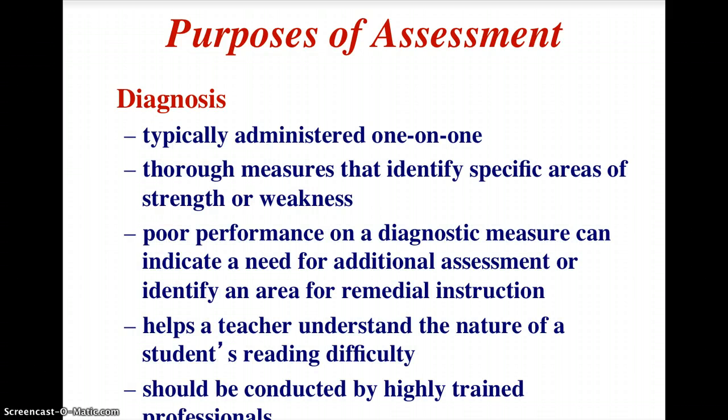Typically we administer these tests one-on-one. They are very thorough and they help us to identify the specific skills that students are likely to struggle with or be strong in.